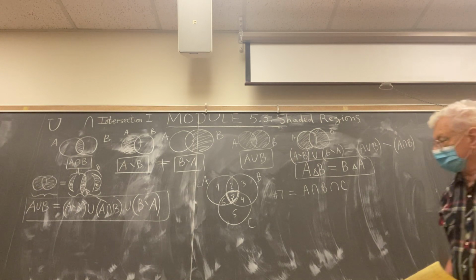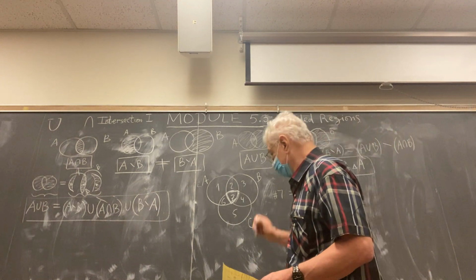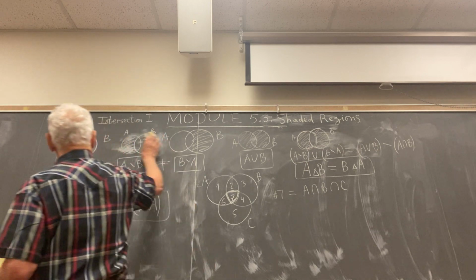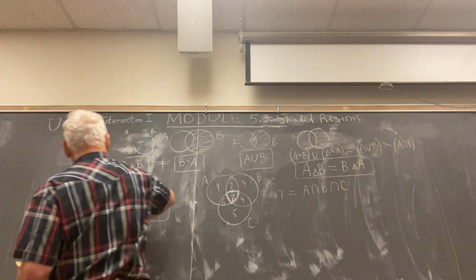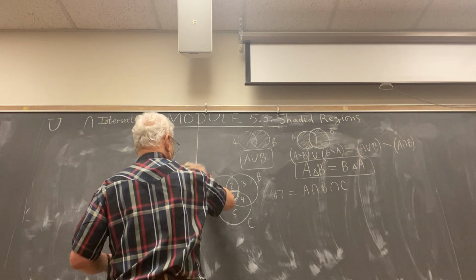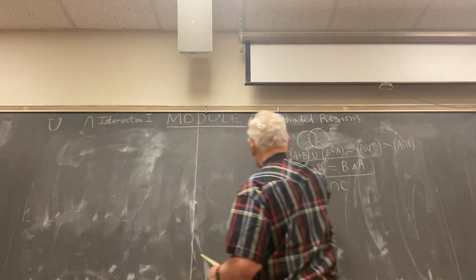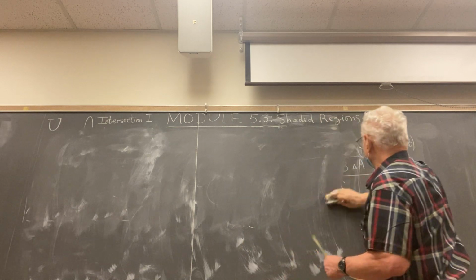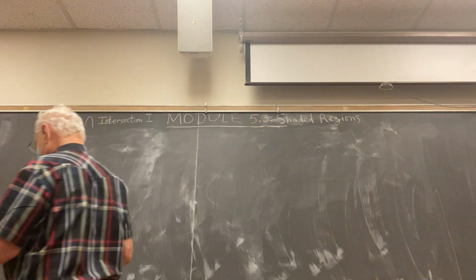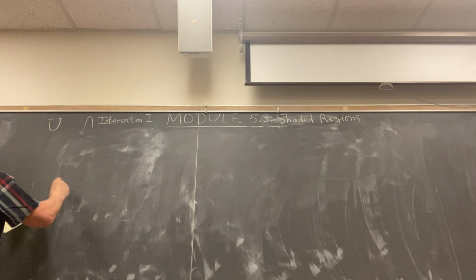Now let me erase the double intersections, and after that I will write everything, otherwise I don't have enough room on the board. I will shade a region, and you have to tell me what the formula is.